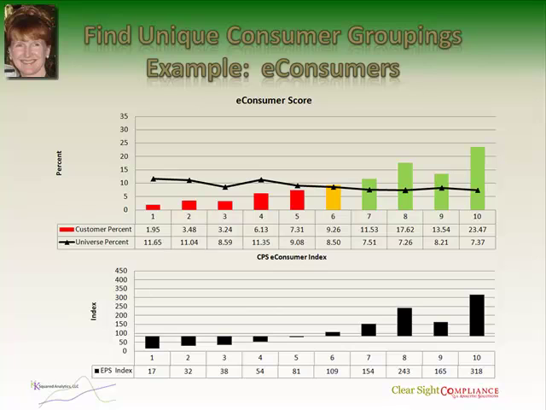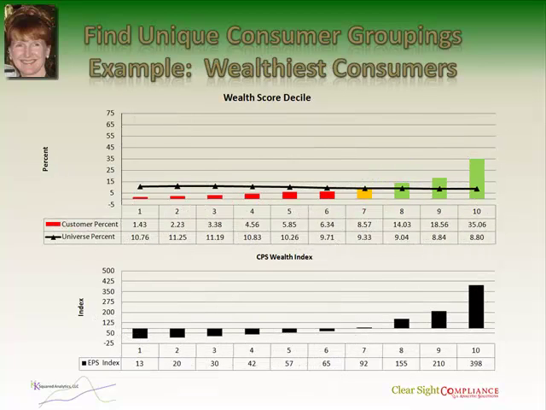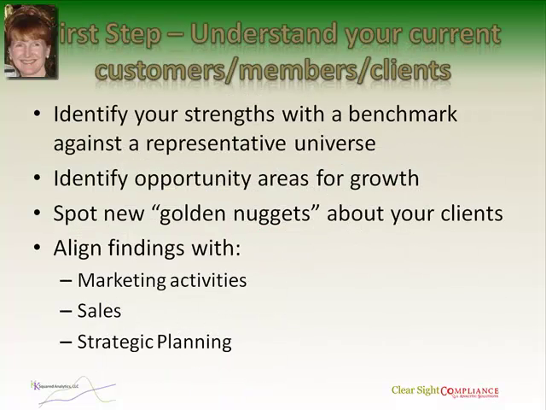That can be a very important part of your marketing strategy and understanding how many dollars to allocate where. I mentioned a wealth score being an important component now versus just income levels for consumers. Wealth takes into account not just the income, but things such as the asset base.